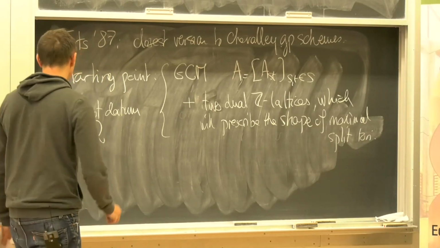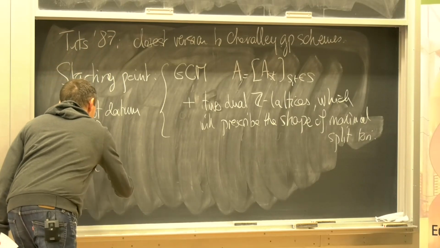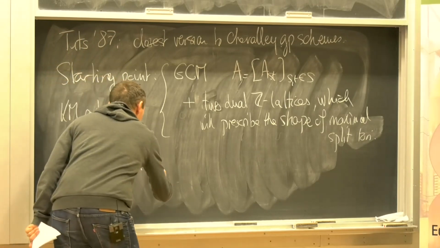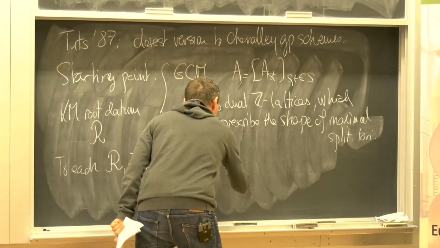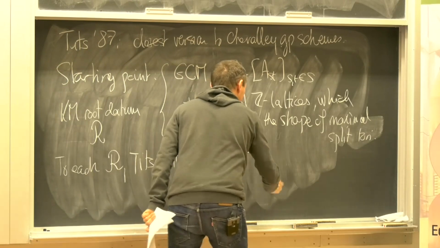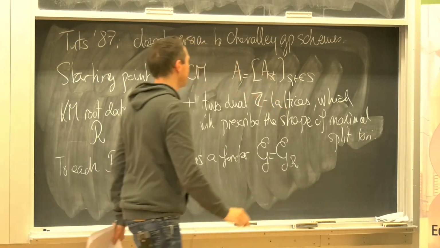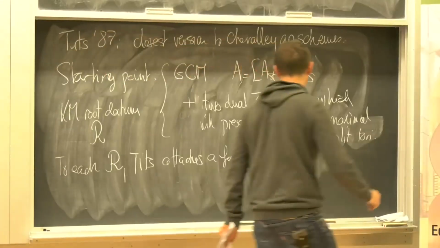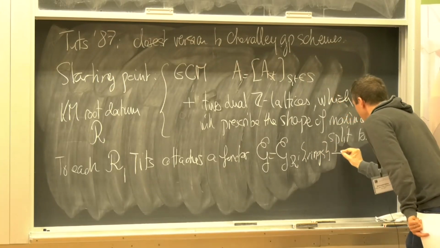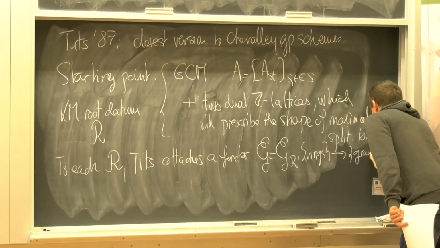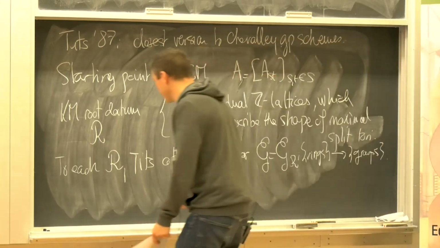Okay, so what Tits does is the following. To each R, Tits attaches a functor, say G. We will forget dependence on R at some point. From rings to groups. This functor is defined by generators and relations.